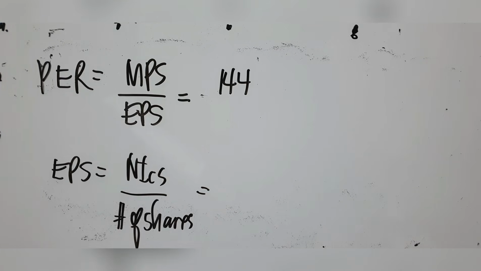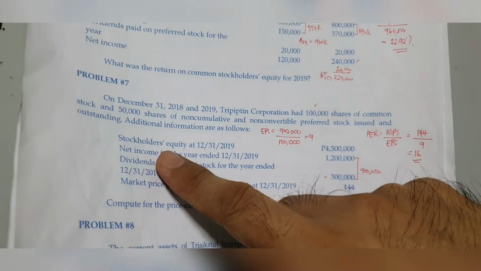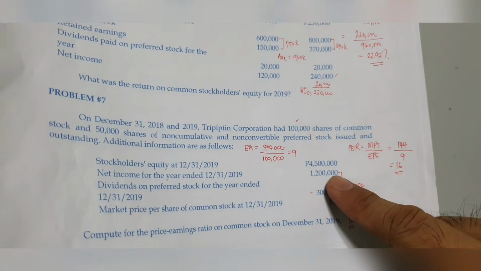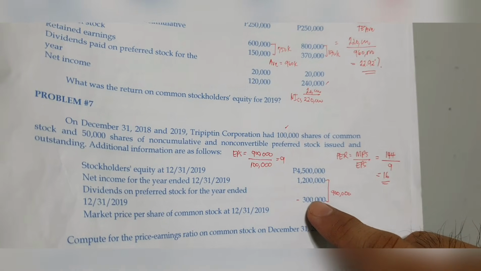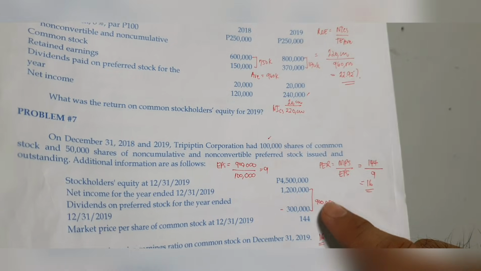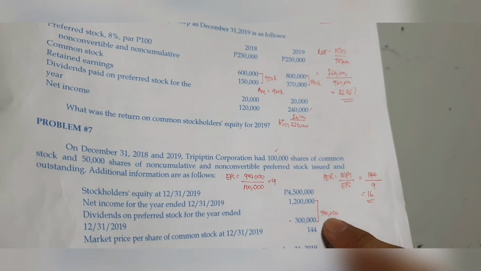Ano ba ang NIX natin? We have the net income of 1.2 million. But again, we have to deduct the preferred stock dividends of 300,000. So that's a total of 900,000 na net income available to common stockholders.